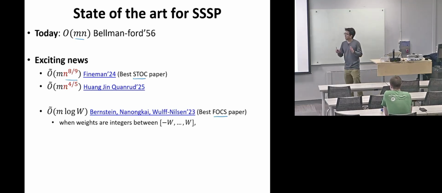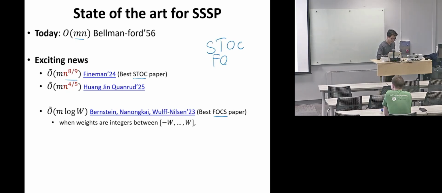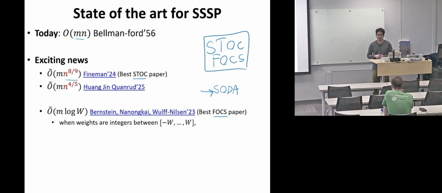FOCS and STOC are the best TCS conferences. There are two of them, FOCS and STOC, and then another one that is really good too is SODA. SODA focuses on algorithms, but FOCS and STOC cover everything, anything theory. So they both got the best paper.